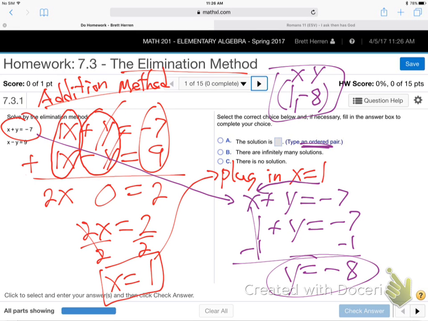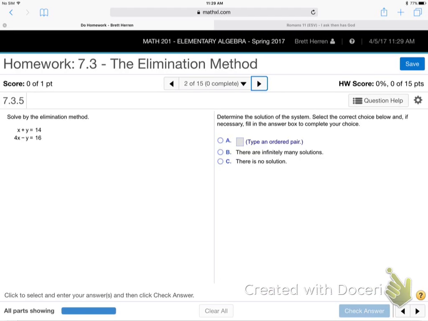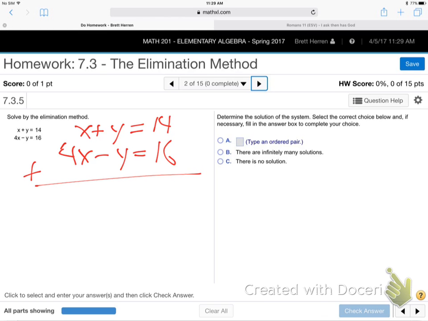Good. Try that one. Same kind of thing. Just add those, right? Just add them vertically. So add those straight up and down.